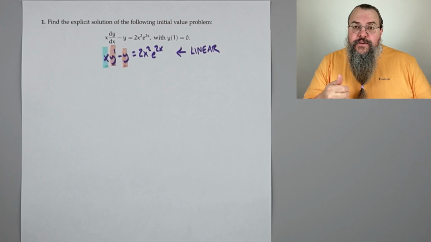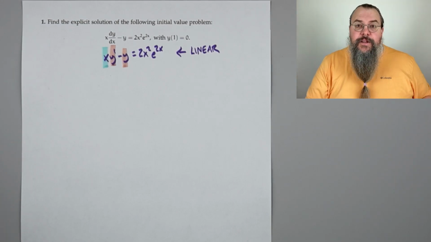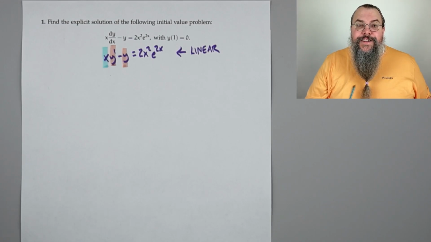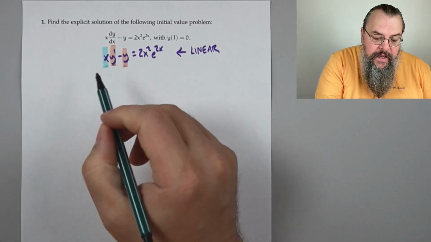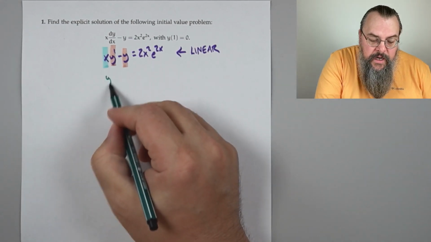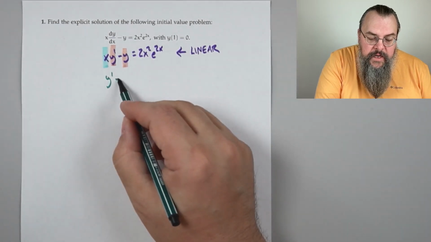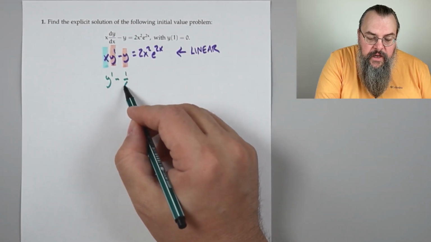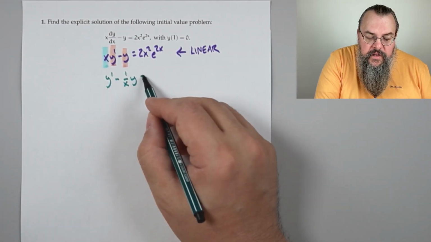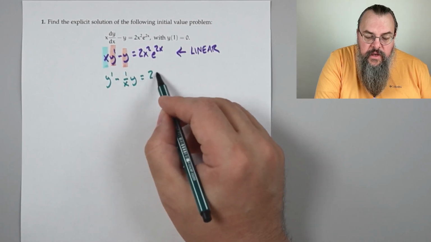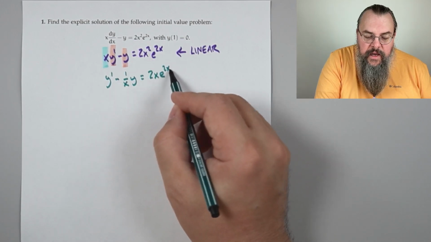Okay, well, that's not so bad. We can do that. We have the technology. The technology, by the way, is also known as you divide. So we're going to divide everything by x. So we'll get y prime minus 1 over x times y is equal to 2x e to the 2x.